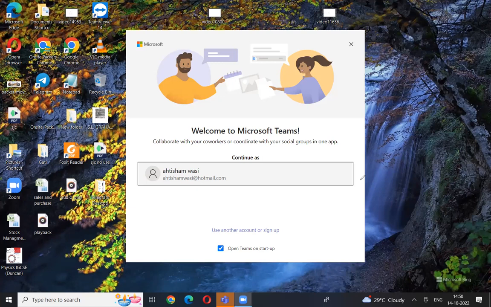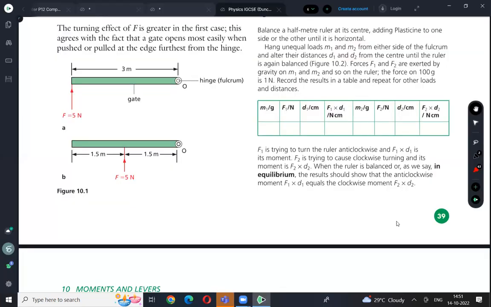It's the home screen. You can't see the book page? Yeah, now I can.